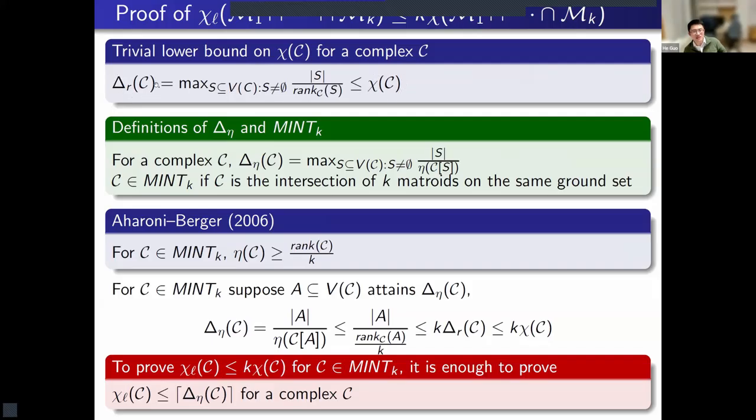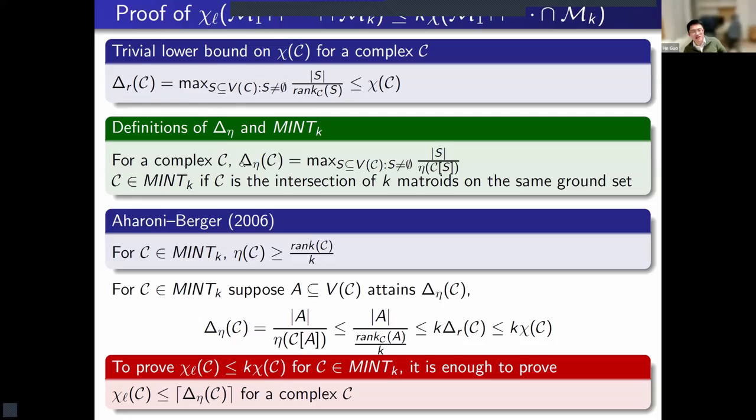Recall that we denote this delta R to be the maximum over all the vertex subsets S of the size of S divided by the rank of your complex on your vertex set S. Because to cover all of S, we need at least so many edges in your sub-hypergraph to cover S. Therefore, this is a trivial lower bound.